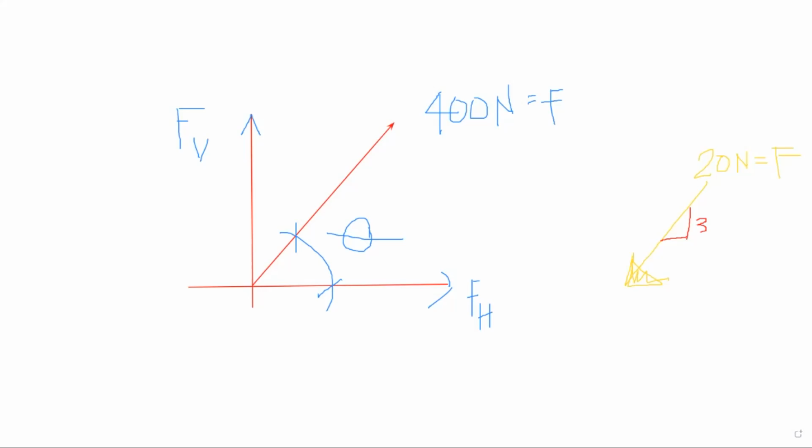Let's say 3:1, meaning 3 rise, 1 unit run. So this 20 Newton would have its vertical component as well as the horizontal component. So this is the horizontal component and this one is the vertical component. Okay? So that is how we dealt with what we mean by vertical and horizontal components of the force.